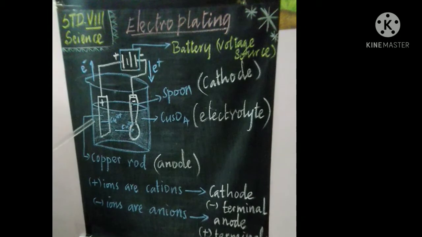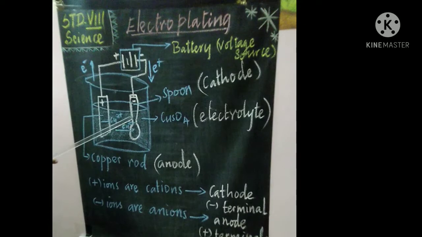The metal from which the element has to be coated has to be attached with the positive terminal of the battery. Now, here the spoon is the material which has to be coated by the copper.